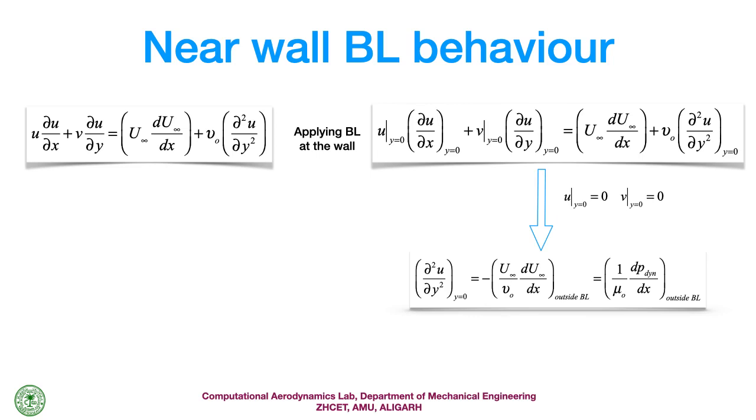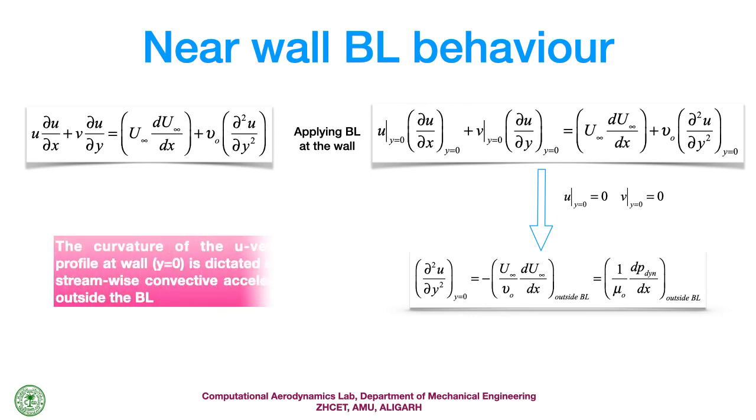So this clearly shows that the curvature of the u velocity at the wall is basically dictated by the streamwise convective acceleration outside the boundary layer, and for that matter the pressure gradient outside the boundary layer.